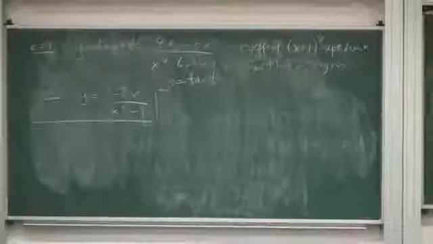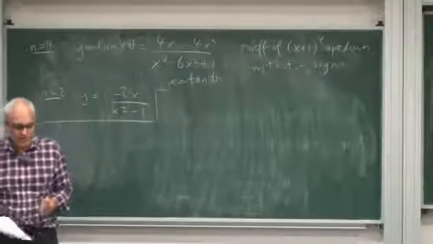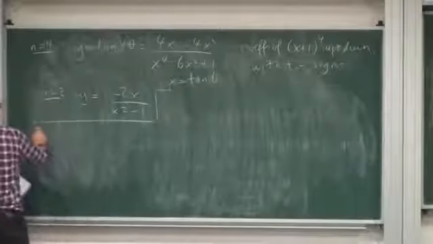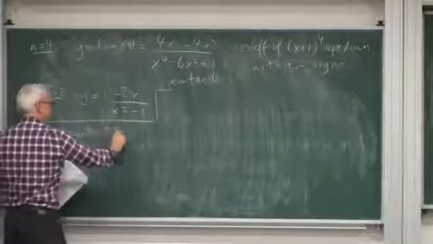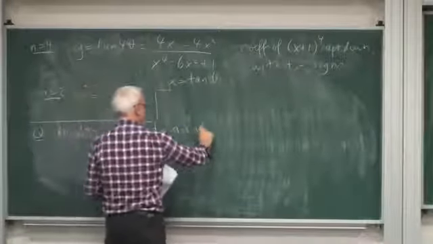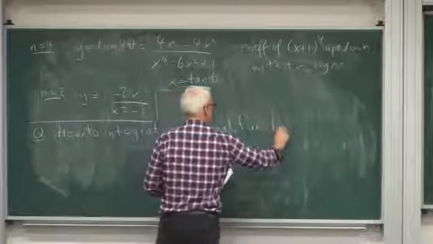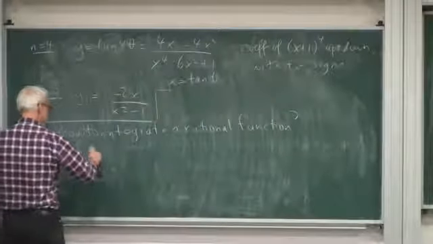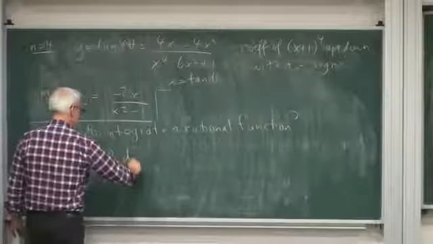We said that one of the main concerns of this time was integration, and a very important problem was how to integrate a rational function. In other words, how do you integrate a polynomial divided by another polynomial?